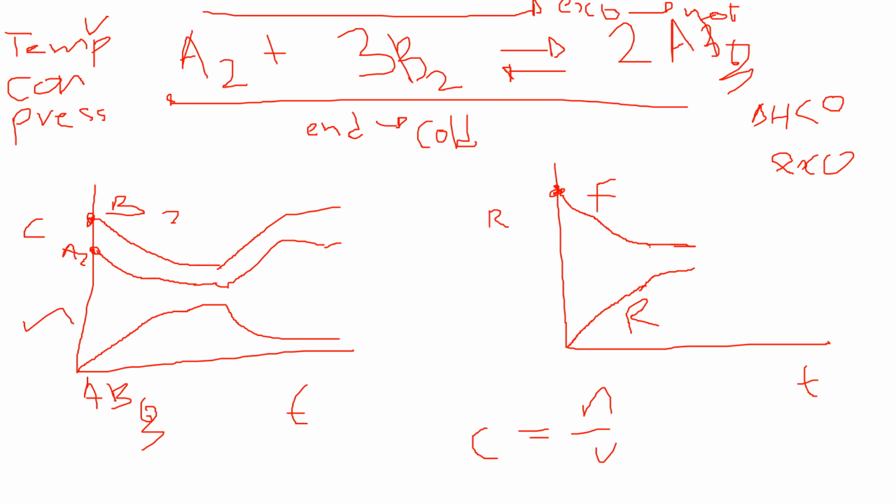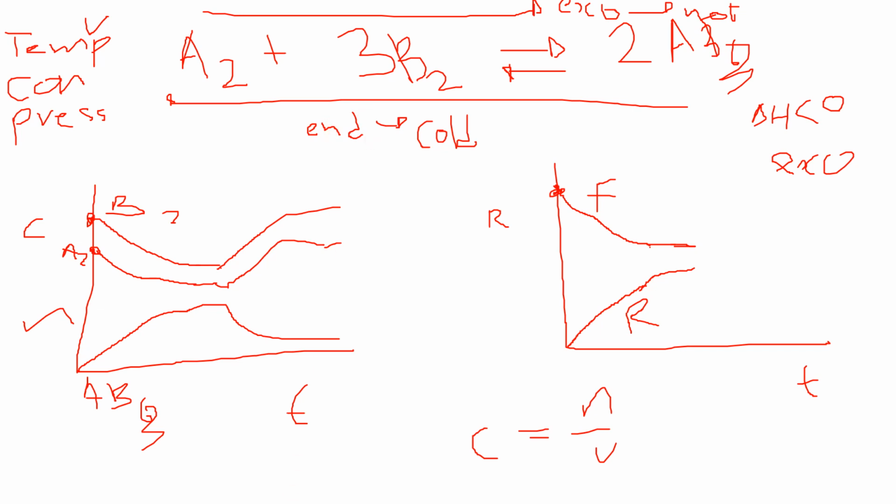Let me just make a highlight here. When you increase the temperature and pressure, both your forward and reverse reactions will increase. They will both spike up, but they won't spike by the same amount, because we check which reaction is favored. In this case, the reverse reaction is favored, which means it will increase more.